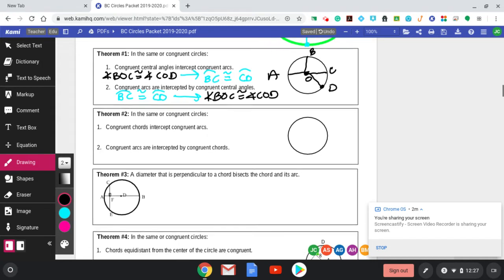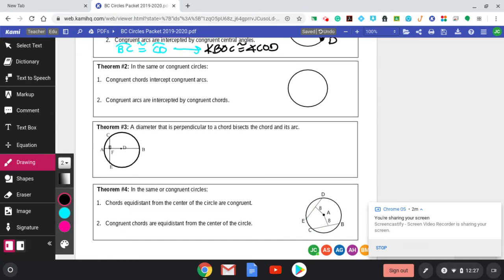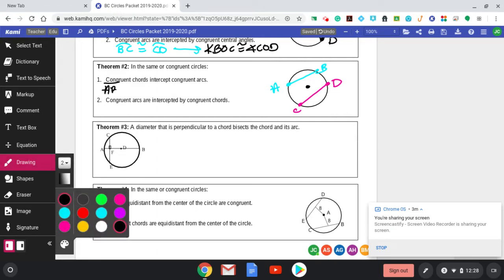We can also do this with chords. Let's put a center in there. If I have chord AB right here, and then I draw in chord CD, and I know that chord AB is congruent to chord CD, that tells me that the arcs they make are also congruent.